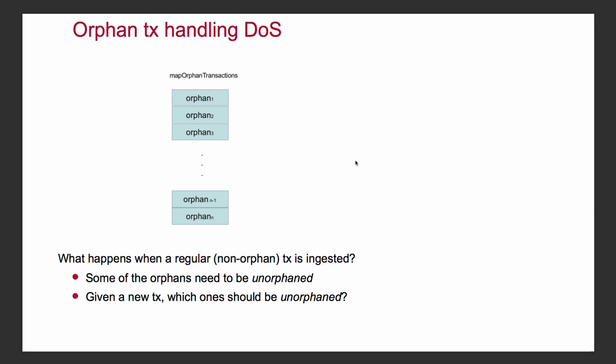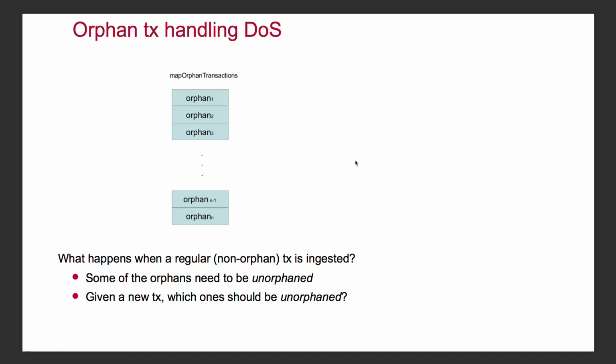However, when someone sends a regular non-orphan transaction, this transaction may be the parent transaction that an orphan transaction is missing. In that case, the transaction needs to be unorphaned.